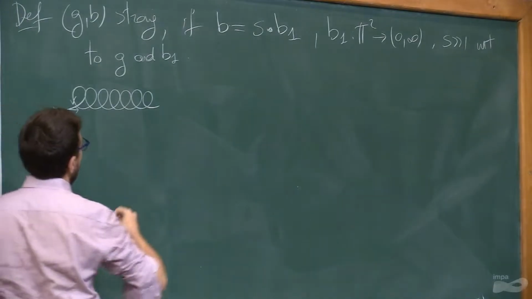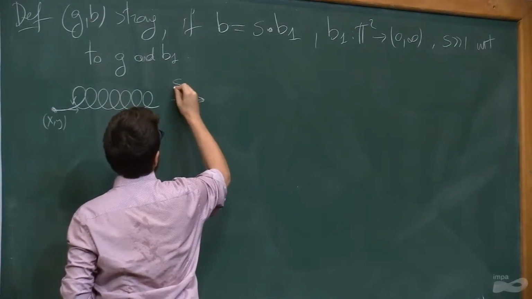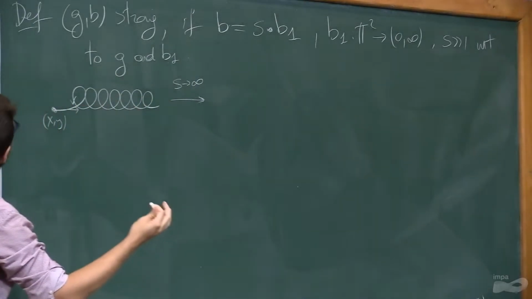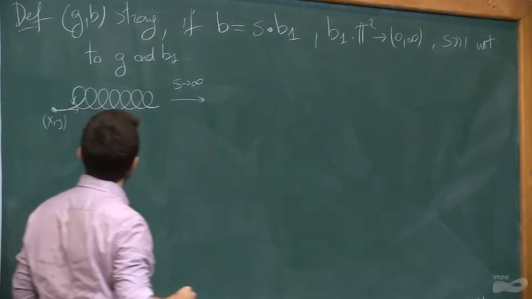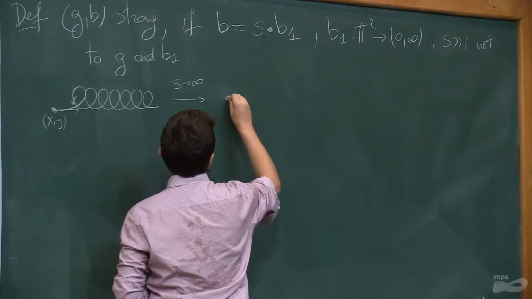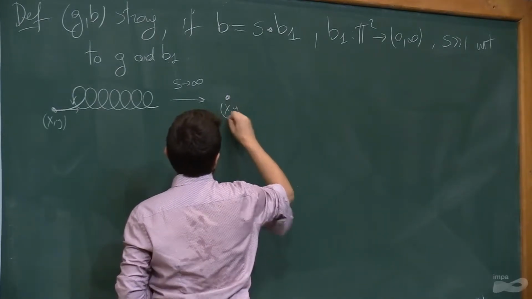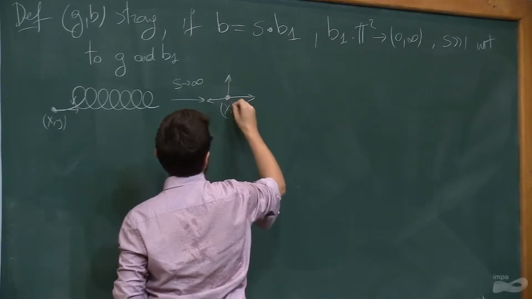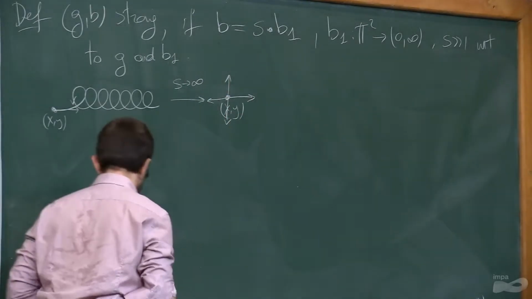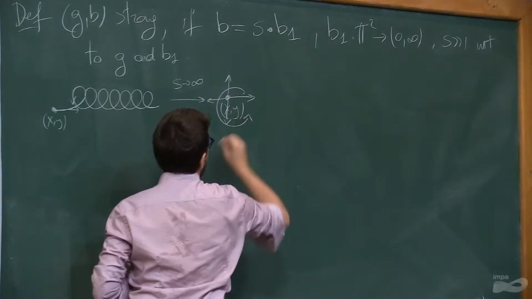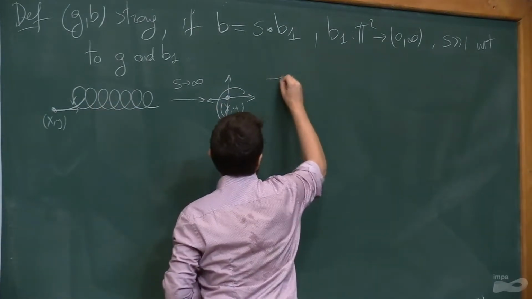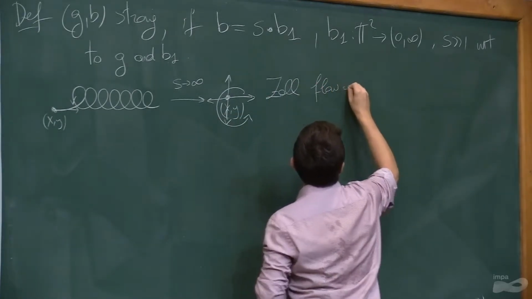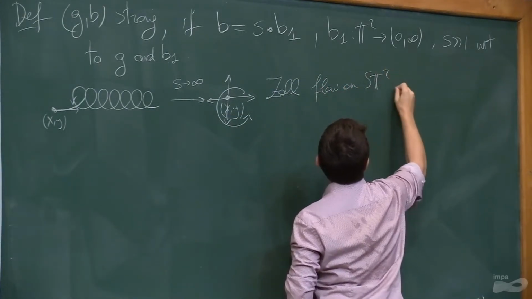And so when I take the limit as s goes to infinity, and I reparameterize my flow at the same time, what I see in the limit is that my point will stay fixed, and the tangent vector will simply rotate in the fiber. So something like this, no? Which is a type of Zoll flow on S of T2.